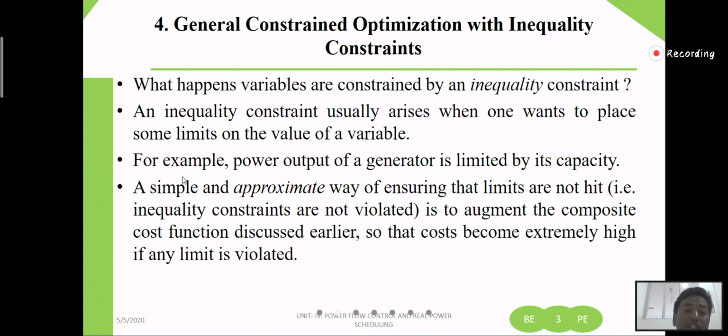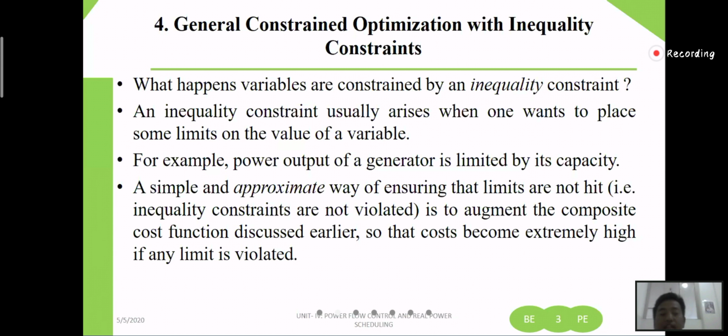Now, an inequality constraint usually arises when one wants to place some limits on the value of a variable. For example, the power output of a generator is limited by its capacity, right? It will have its own capacity. A simple and approximate way of ensuring that the limits are not hit, that is, the inequality constraints are not violated. So when you do cost optimization, you have to be mindful that the inequality constraint also should not be violated.